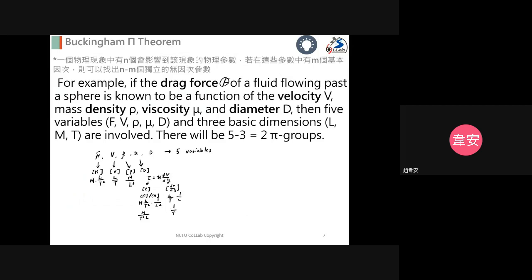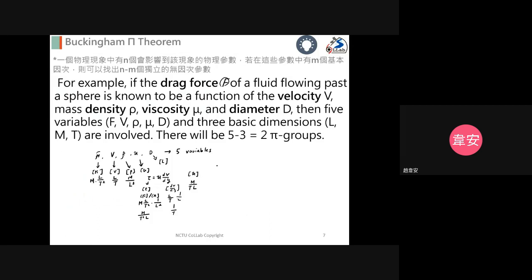So we actually know that the dimension of the viscosity is M divided by T divided by L. And the dimension of the diameter is only L. So we just count how many dimensions are involved.